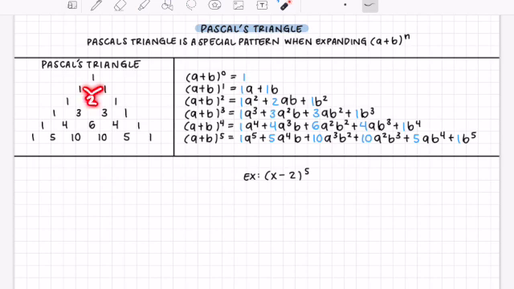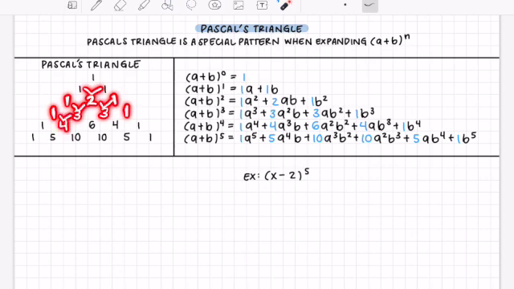And every single time I insert another row, I also have to insert another 2 1's on the side. So when I do that, 1 plus 2 equals 3. Over here, 1 plus 2 equals 3. Then again, inserting another row of 1's, and from here we keep on going with that pattern.